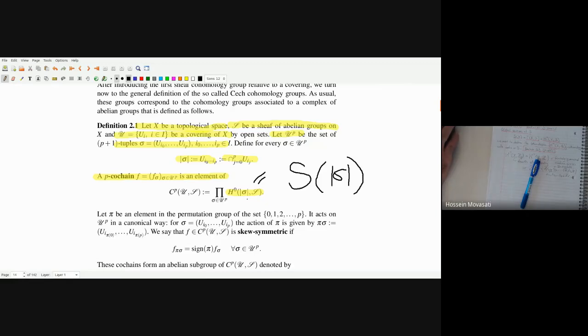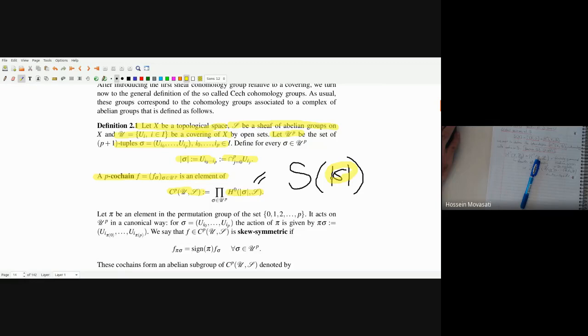I use this third notation that I was using. So C^p, the cochains attached to the covering U and with values in the sheaf S, is this. You can take this as a product or as a disjoint union; it doesn't really matter. You take the product of all the sections of S on the intersection of p plus 1 open sets U_i.